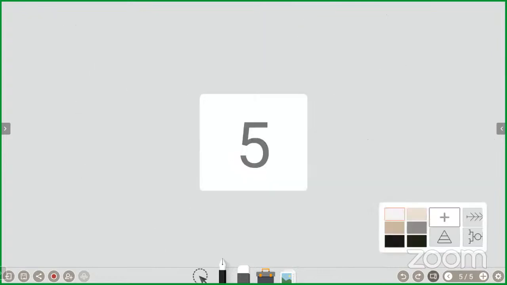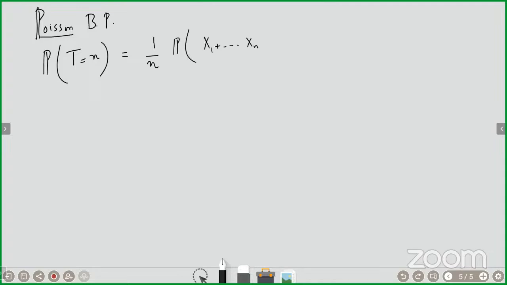Now what it tells you is, especially for a Poisson random variable, a very good property: equal to n, tell me just 1 by n. So for a Poisson random variable, you get parameter lambda.